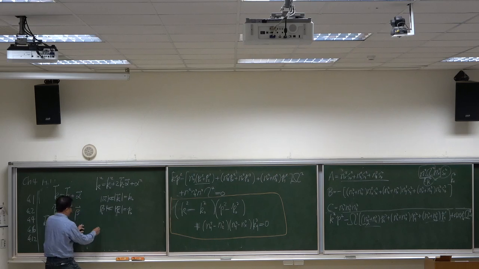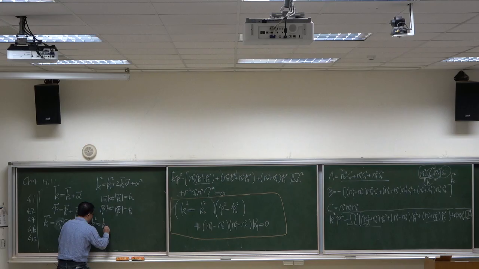So we see that K squared can be approximated as K naught squared plus 2K naught dot alpha.